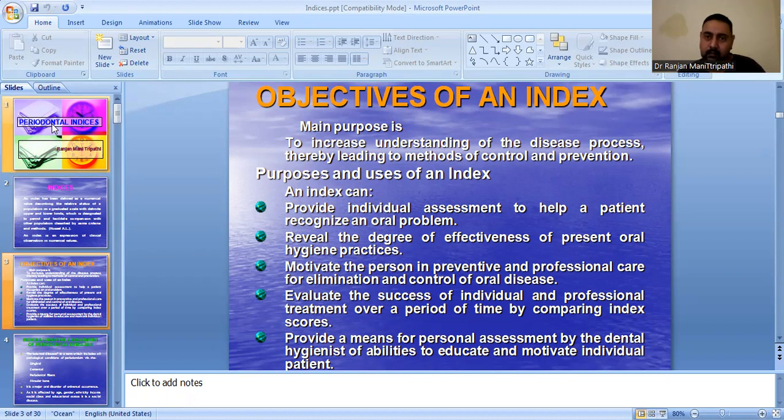An index can provide individual assessment to help a patient recognize an oral problem.